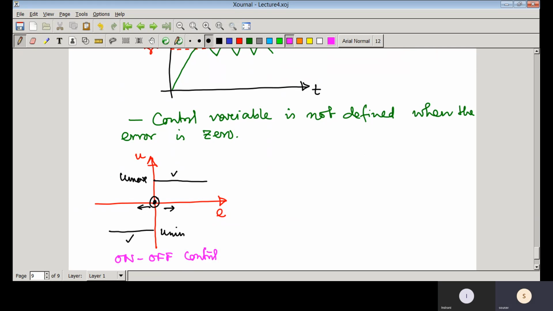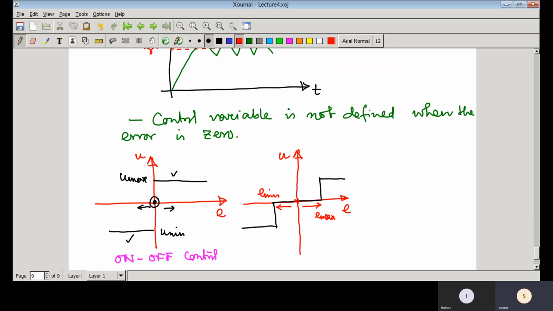Similar to on-off control, there are also some other strategies very similar to this. Another one is called the dead zone. This is error, and this is the control input u. Suppose this value is E max and here this value is E min.